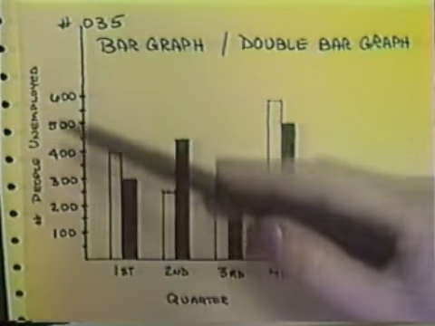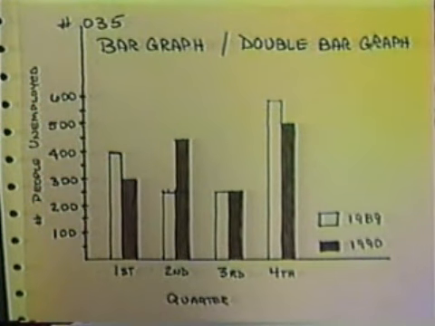Okay, over here we have the number of people unemployed. This particular double bar graph represents the number of people that were unemployed in Charge City during each quarter of 1989 and 1990. So this shows unemployment in a particular city during the years 1989 and 1990.